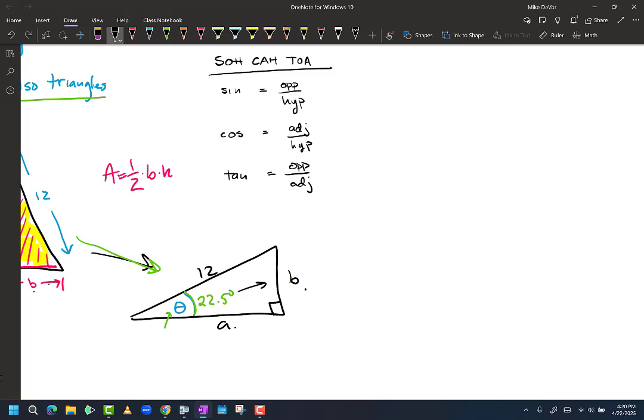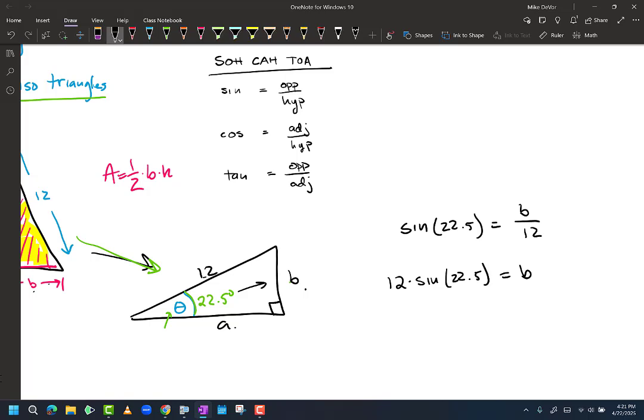Well, B is the sine of 22.5, which is the opposite B over the hypotenuse 12. So B is 12 times sine of 22.5. Okay, that's my B. How about my A?